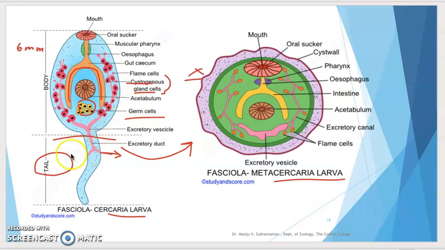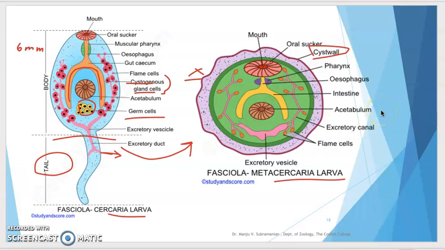The only difference is that the tail region is absent. Cystogenous glands are also absent, and surrounding the body of the Metacercaria there is a cyst wall. So that is the difference between the Cercaria and Metacercaria. And this Metacercaria leads a passive life.